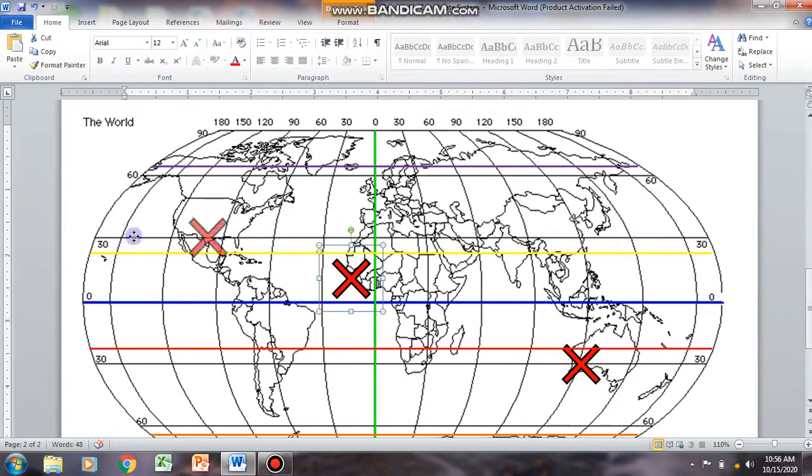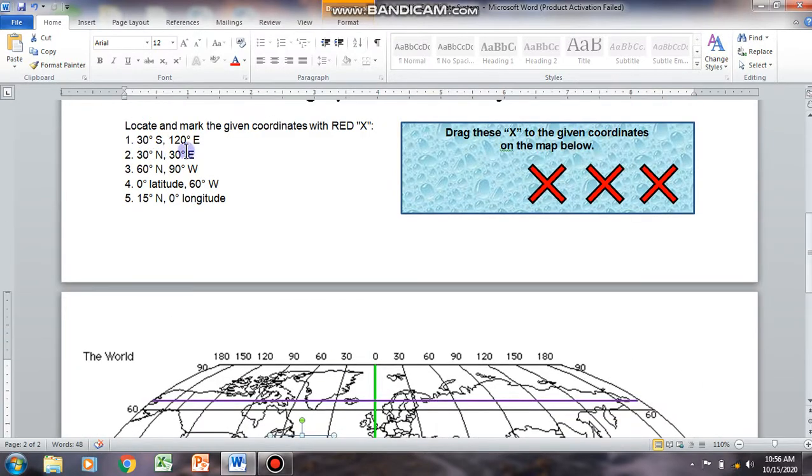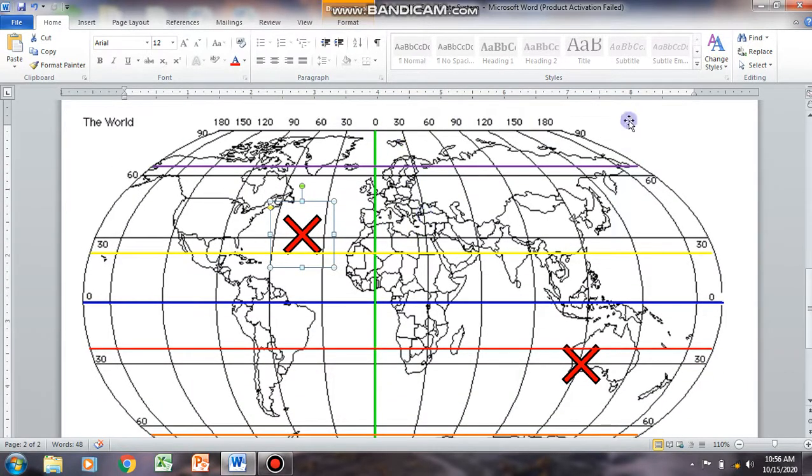So this whole line is the 30 degrees north. Now, what we're looking for is not only the 30 degrees north, but also the 30 degrees east. In looking for the east, sabi ko kanina, look for the eastern hemisphere, which is on the right of the prime meridian. And this is the number for the 30 degrees east.